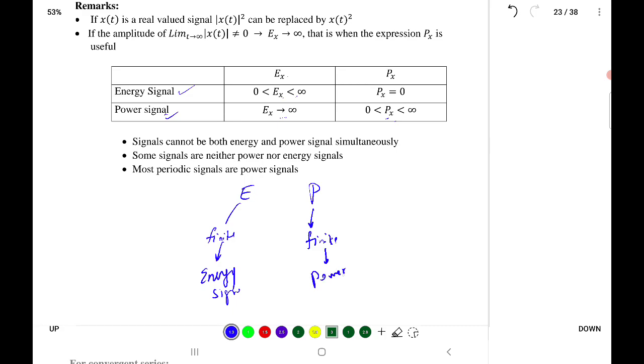Just as simple as that. If the energy is not finite and the power is not finite, it's neither an energy signal nor a power signal. It was observed that most periodic signals are power signals. So when you try to check, just check the power formula. Don't go through both of them.